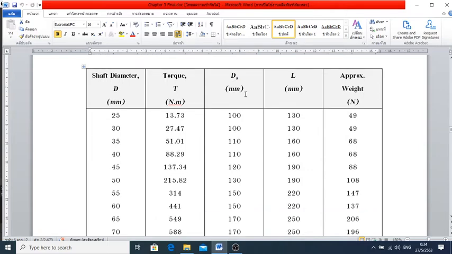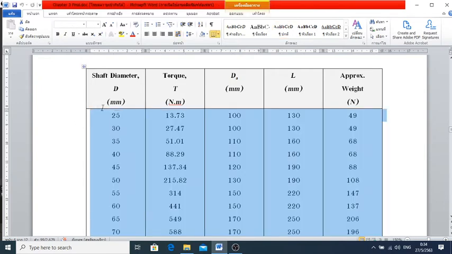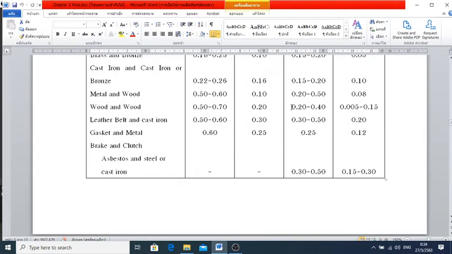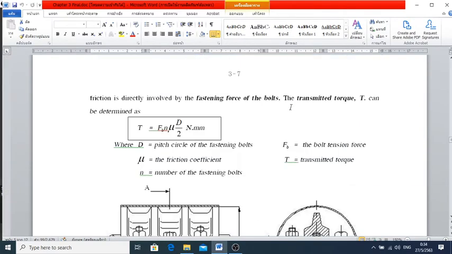So again, the shaft diameter is going to come first. That's why it means you have to design everything with the shaft diameter first, and then you are going to have the approximate weights available for the system and the torque, and then the D sub A and L. You may find D sub A and L here.